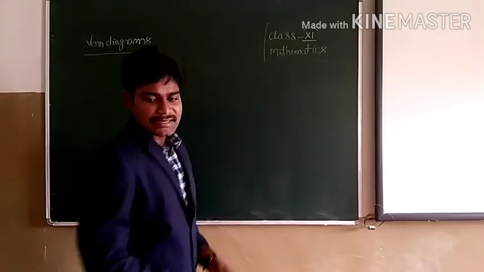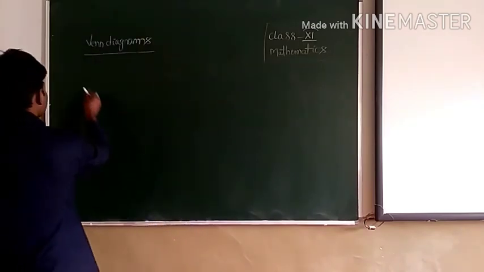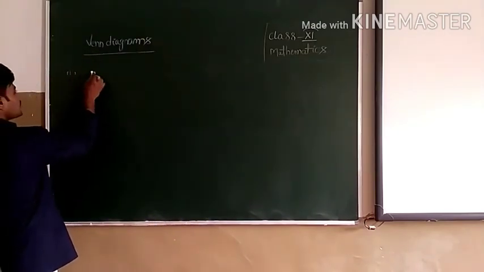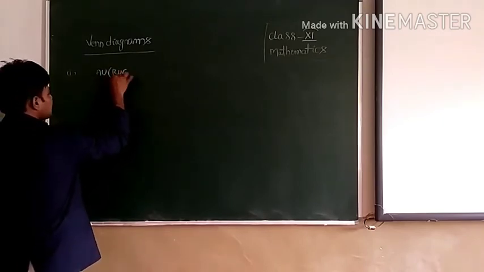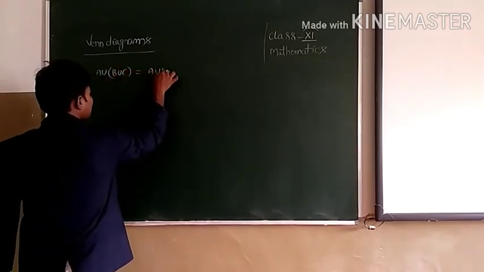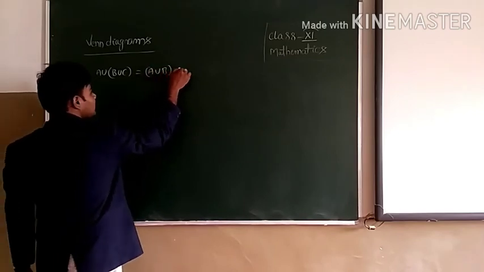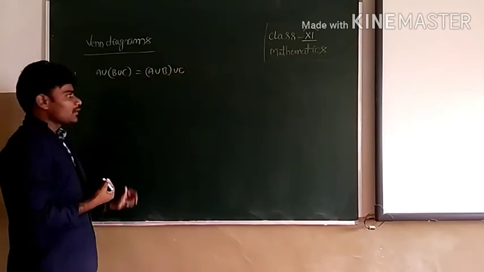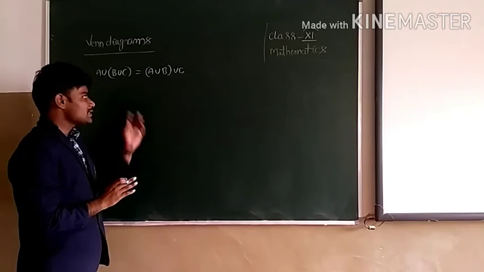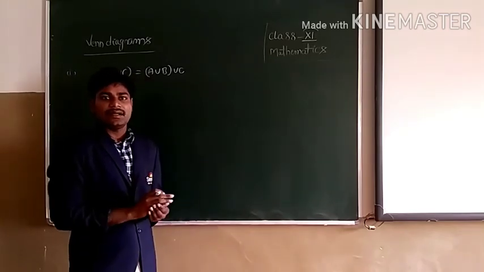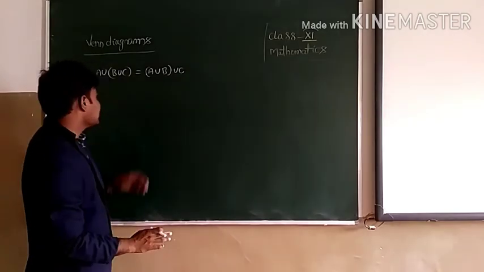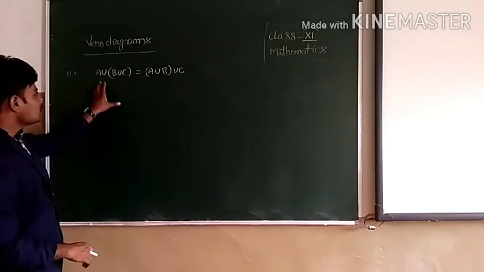Next, we have discussed some formulas like A union B union C, the associative law, already discussed: A union (B union C) is equal to (A union B) union C. I already proved these two expressions with examples in the union of sets, and we can show this expression in Venn diagram form also.